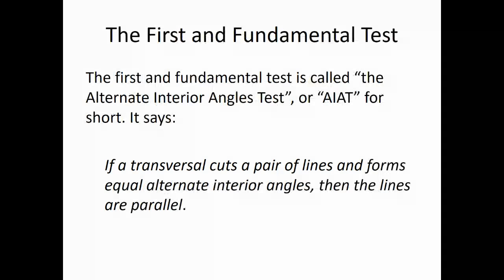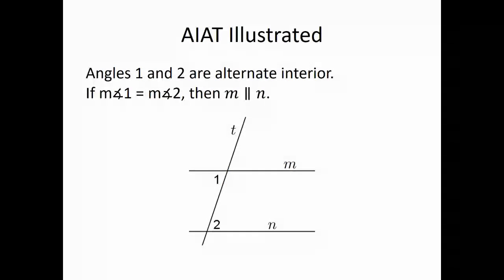Okay, so the first and fundamental test says this: that if a transversal cuts a pair of lines and forms equal, that's the right relation here, equal alternate interior angles, then the lines are parallel. This is called the alternate interior angles test, or AIAT for short. Of course, we have abbreviations. We don't wish to write this out every time we use it, and the abbreviation in this case is simply AIAT. All right, so here's AIAT illustrated.